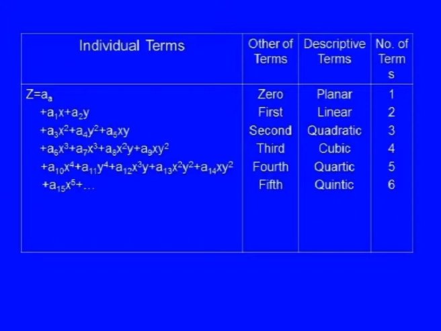And as we keep on increasing the order of the polynomial, the number of coefficients keeps on increasing. For a fifth order polynomial, there would be about 21 coefficients or so, which would be taken into consideration in the surface fitting algorithm.